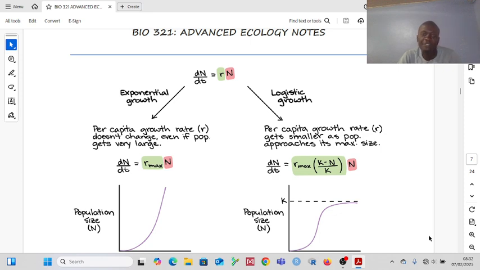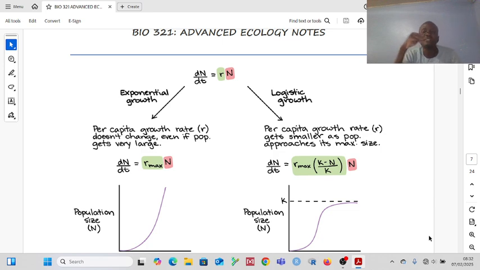Okay, so even as the population increases in size, as you look at the curve, the population size N keeps increasing, but that rate of increase does not change. But we've seen that we have the carrying capacity, which makes exponential growth not a reality, not practical in nature.